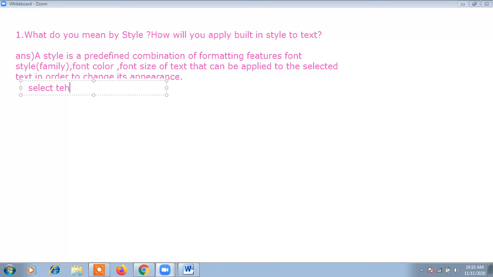Then go to the Styles group of the Home tab.